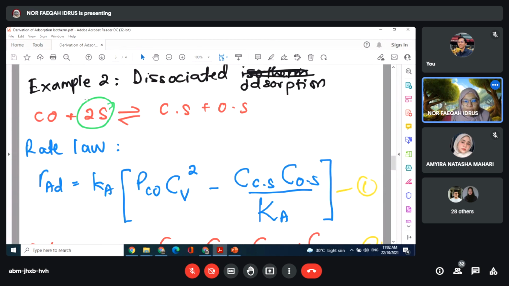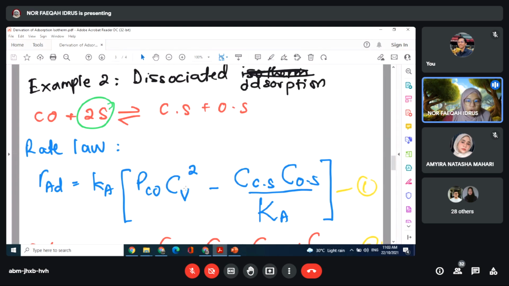So that's why when we write the net rate of adsorption, Ka PCO, partial pressure of CO, CV square, because this adsorption requires 2 vacant sites.